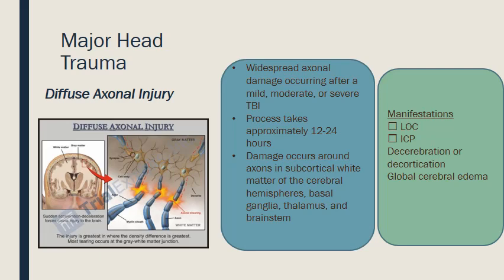The injury occurs over a period of 12 to 24 hours, and you get damage in the subcortical white matter, in the cerebral hemispheres, in the basal ganglia, the thalamus, and the brainstem. Manifestations include a decrease in the level of consciousness and an increase in the ICP. So decreased level of consciousness, increased intracranial pressure.